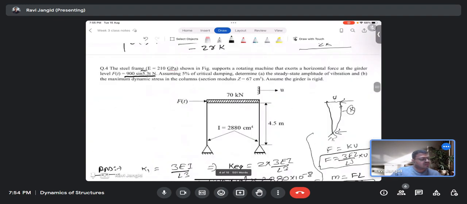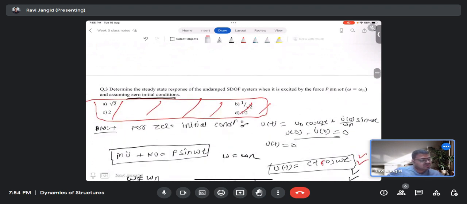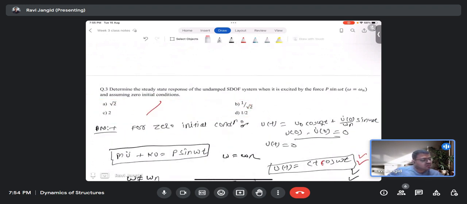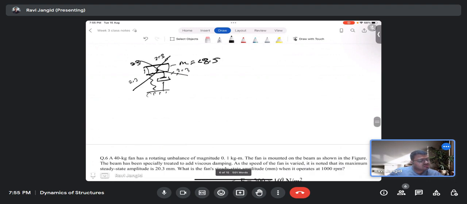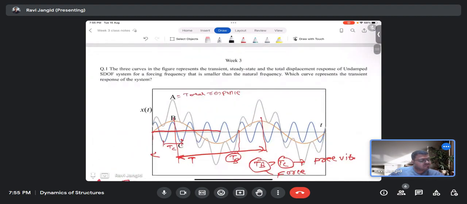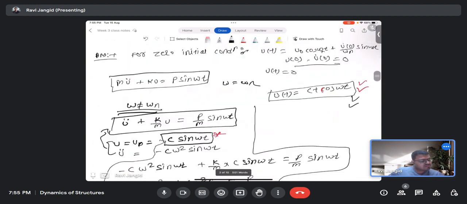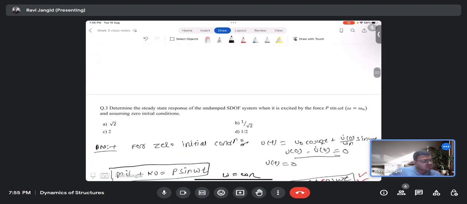Yes, in this example, forget the statement of this.